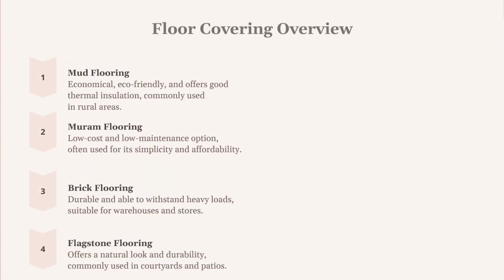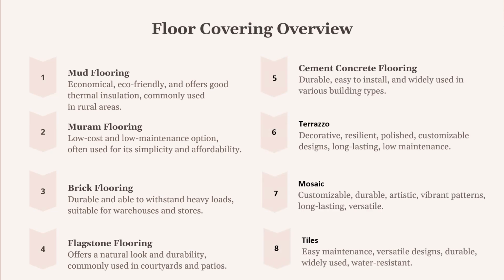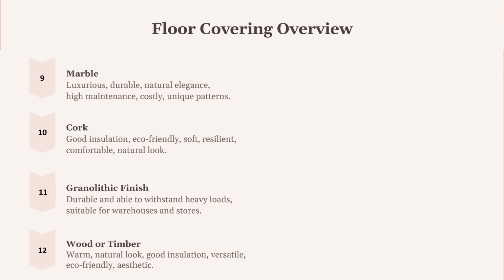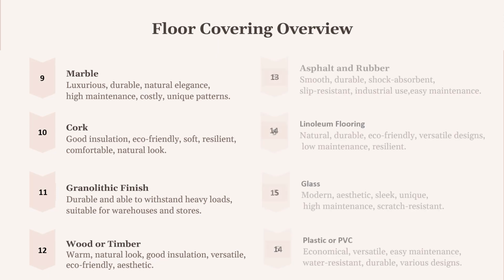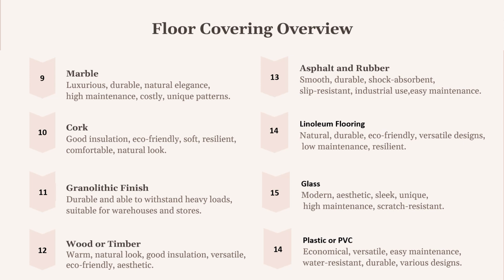The options here are diverse and dramatically affect the functionality of a space, and the options are mud, muram, brick, flagstone, concrete, terrazzo, mosaic, tiles, marble, cork, wood or timber, granolithic finish, asphalt and rubber, linoleum flooring, glass, and plastic or PVC. Let us continue our exploration by looking into each one.